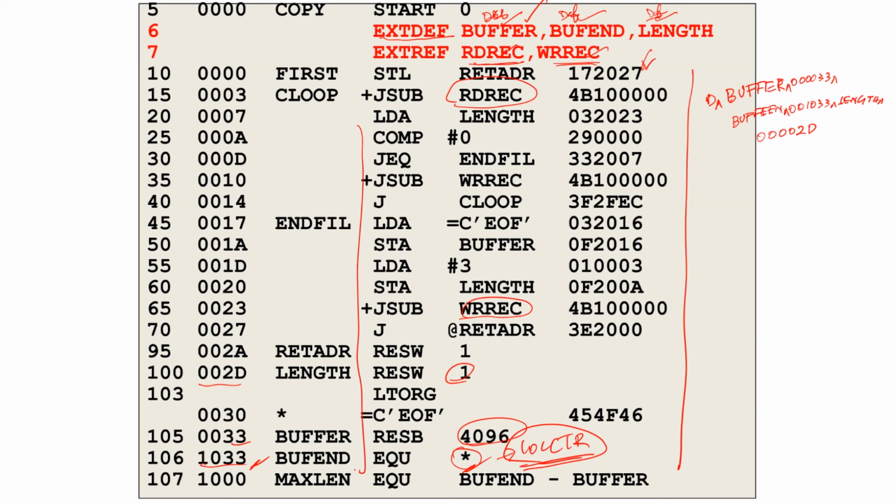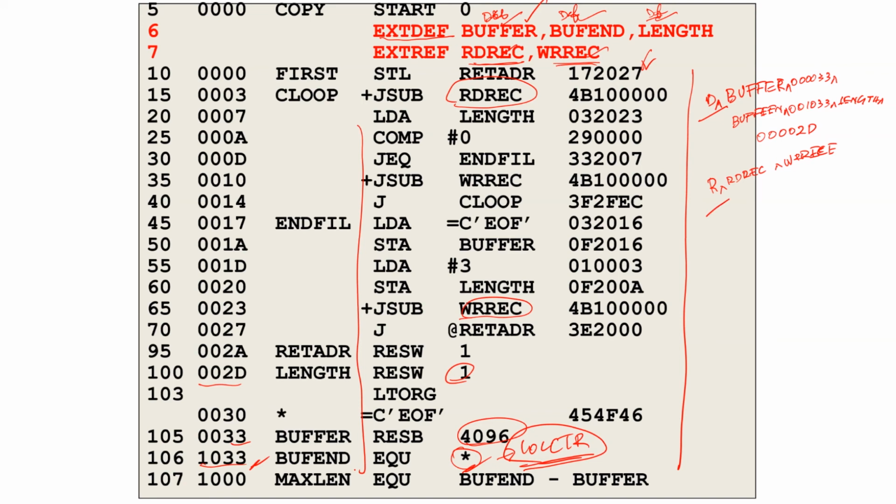This is how I write a define record. Then the refer record. The refer record is used here, but we don't know the address. So two refer records are here: RDREC, then WRREC. So this is the define record and this is the refer record.